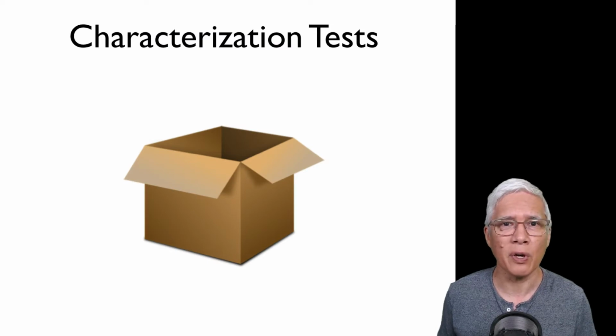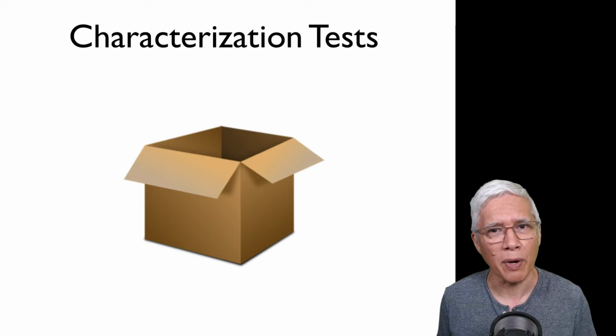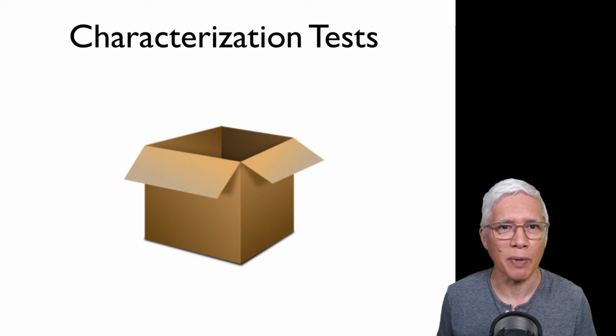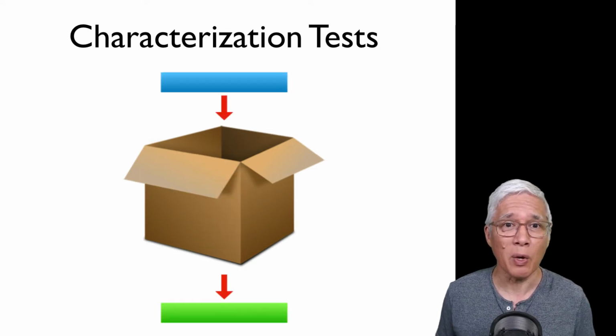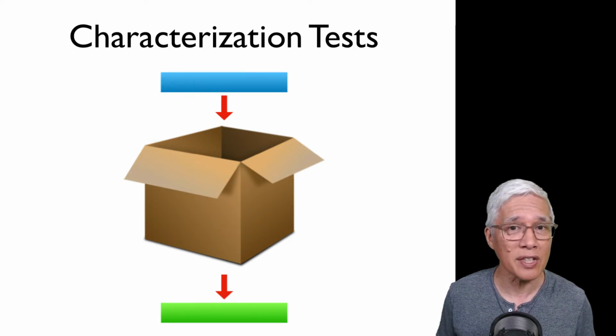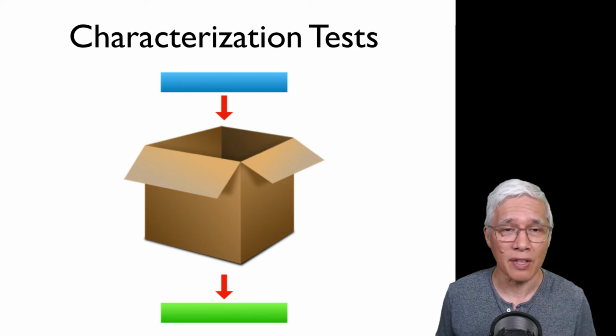Think of a section of code as a somewhat opaque box. It's not really a black box because we can look inside, but what we see may be messy or complicated, so we don't know what it does. With a characterization test, we say, we may not know what the code does, but at least we know that if we give it this input, it gives us this output. So we can add a characterization test to preserve that behavior.